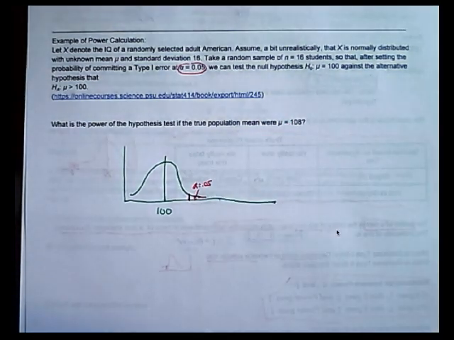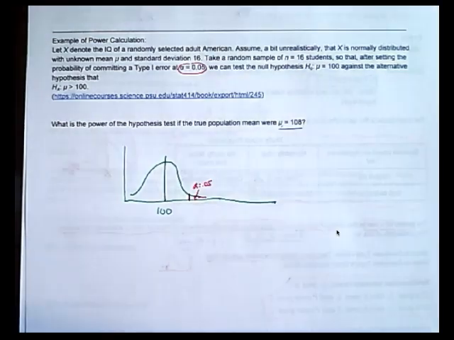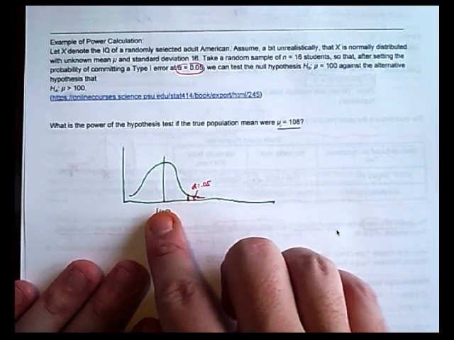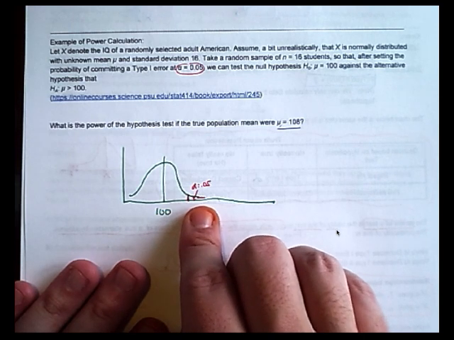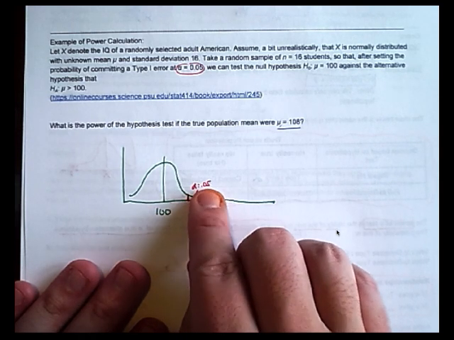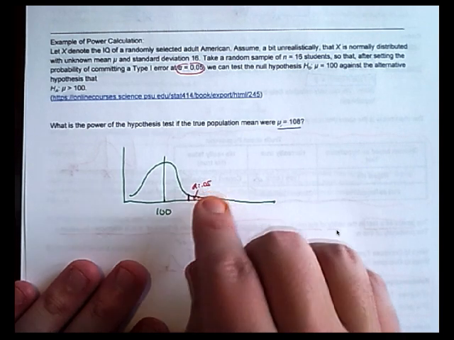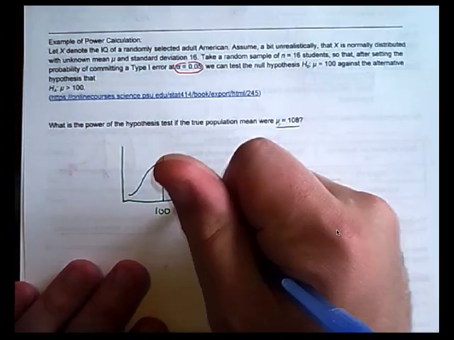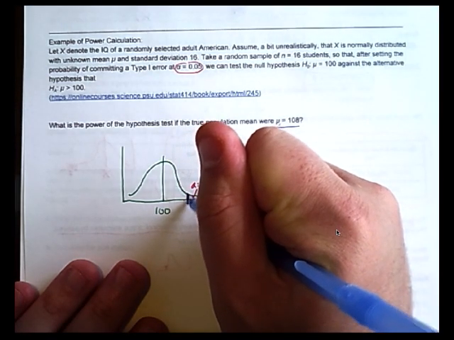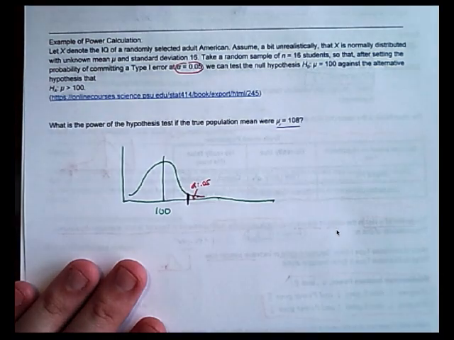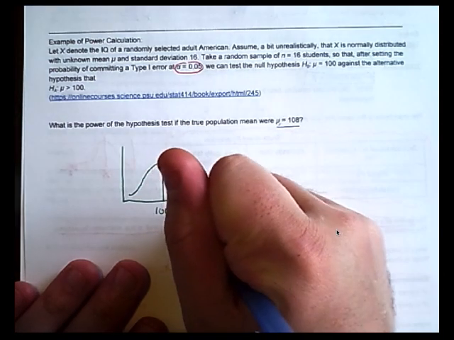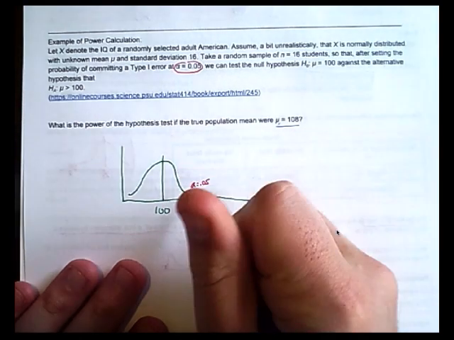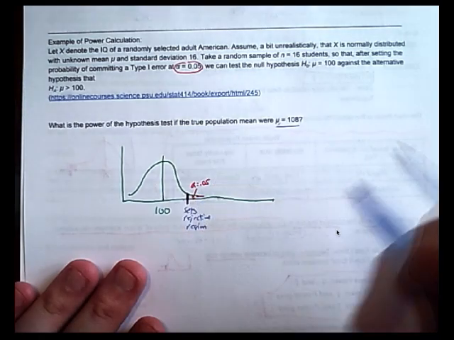They're giving me an alternative to the mean. They're saying 108. So right now, before we get to the 108, if I get an X bar that gives me a p-value of 0.05, I would reject the null hypothesis. So this is like my cutoff point. That sets the rejection region. So if I get any X bar to the right of that, I'm going to reject the null hypothesis.